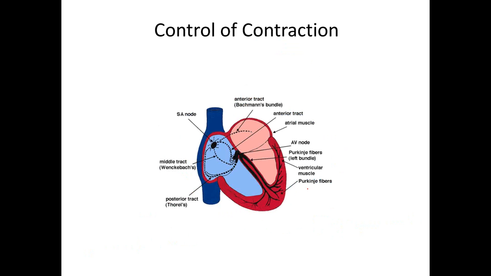Now, if we look at the heart, we can find areas of the heart that are more electrically active than others. And there's one particular part of the heart that is more excitable and more active in terms of contraction than anything else. It's called the SA node, and SA stands for sinoatrial node.